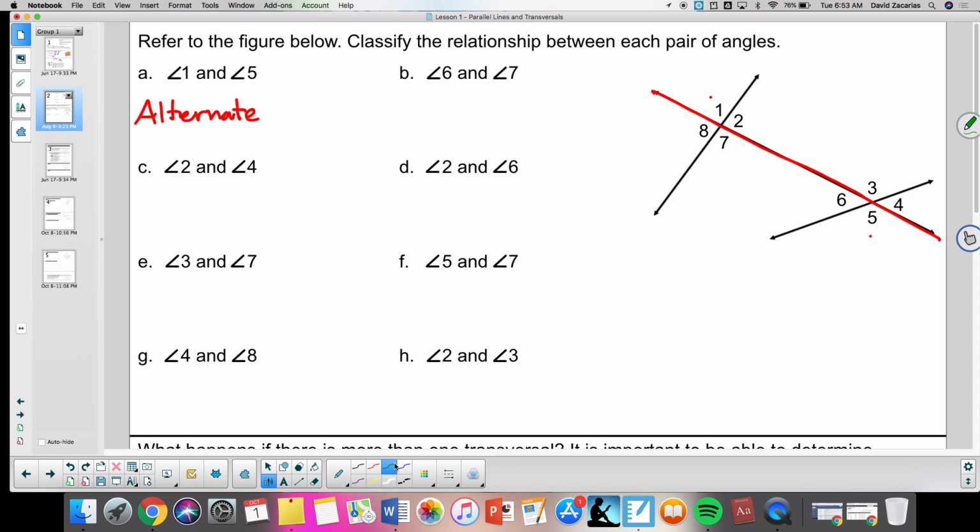And I'll color these. So they're on the exterior of the green lines, the two lines that the transversal is crossing. So these are called alternate exterior angles.